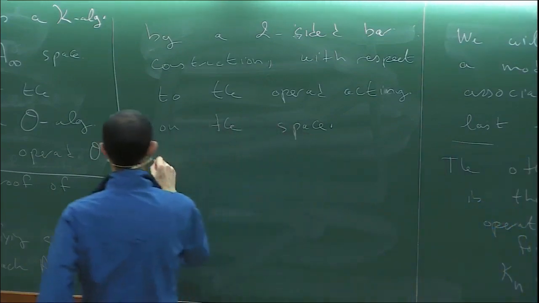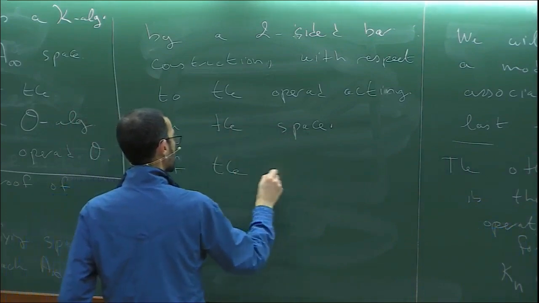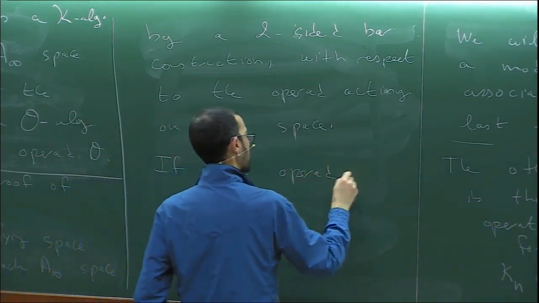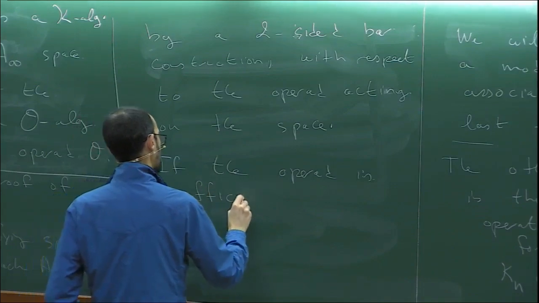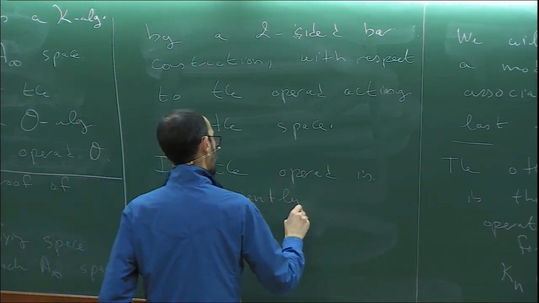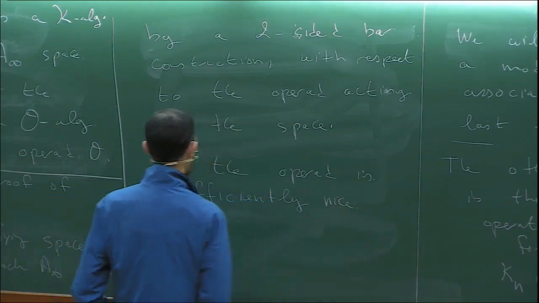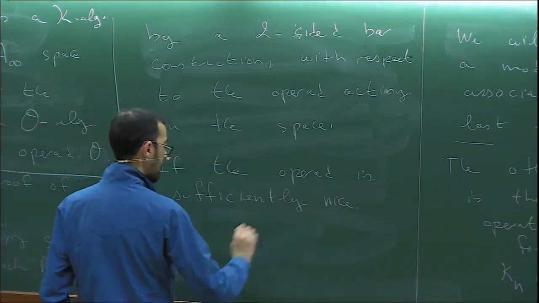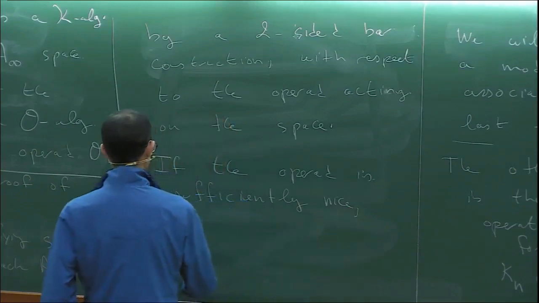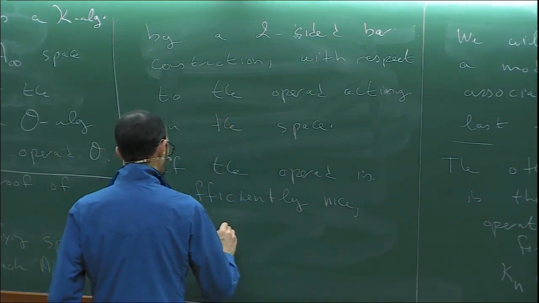So if the operad is sufficiently nice, and the technical word here is something like cofibrant, but let's not say it, then there is a smaller model.